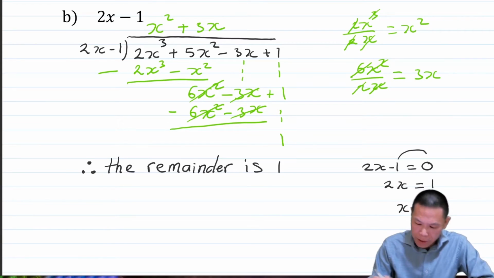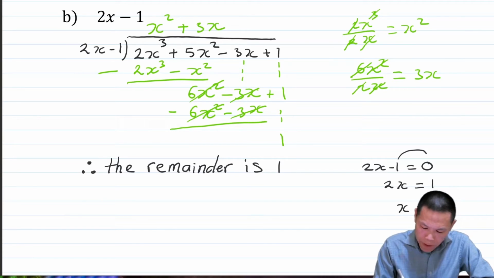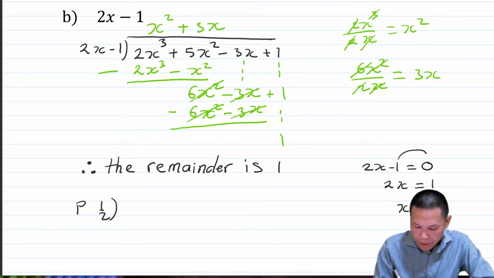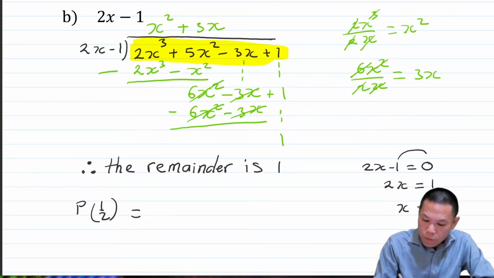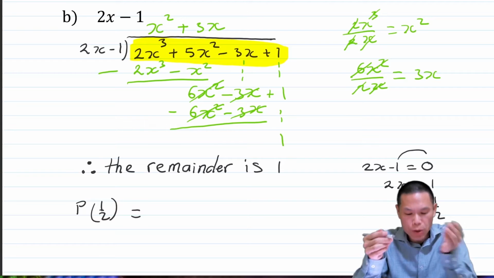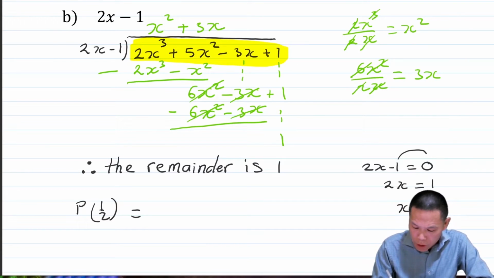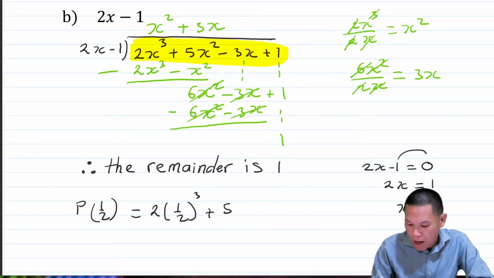Okay? So let's work it out. So p of a half is equal to, of course, we need to substitute a half into this polynomial here. So 2 times a half to the power of 3 plus 5 times a half squared minus 3 lots of a half plus 1.